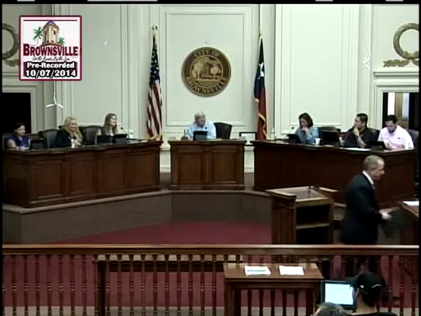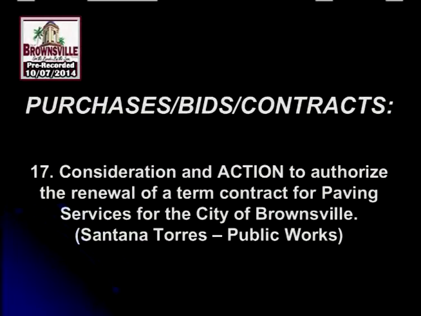Item 17, consideration and action to authorize the renewal of a term contract for paving services for the city of Brownsville. Honorable Mayor, Commissioners, tonight we're requesting your approval of an extension of a term contract with G&T Paving to provide paving services for an additional 12-month period.